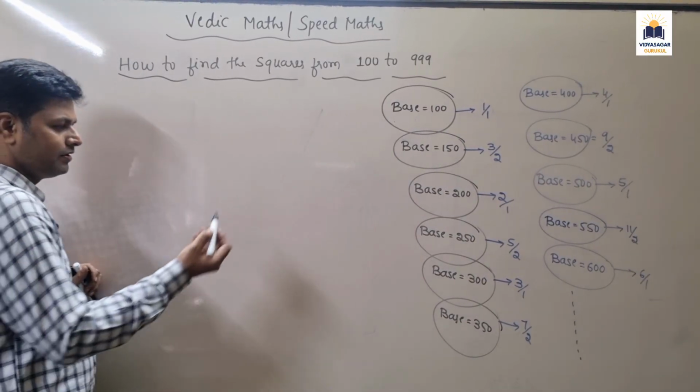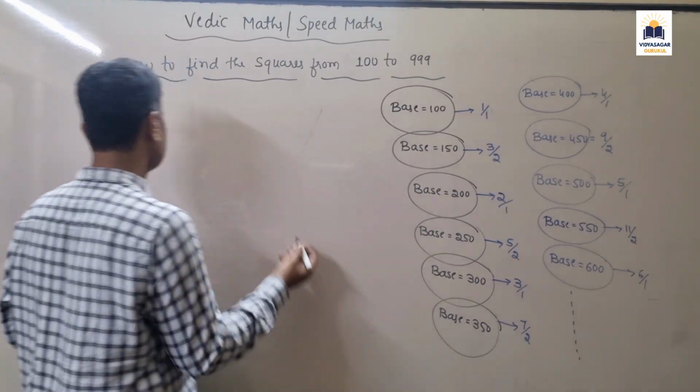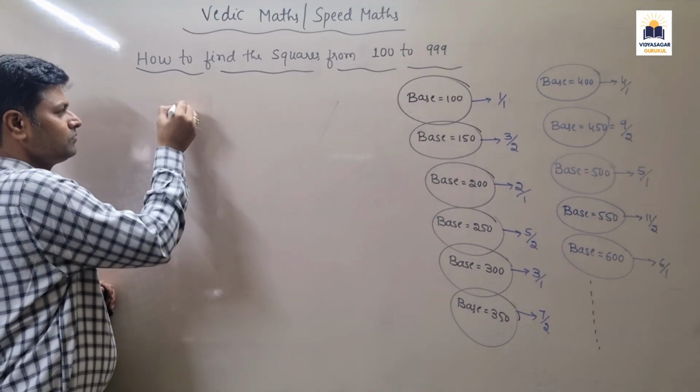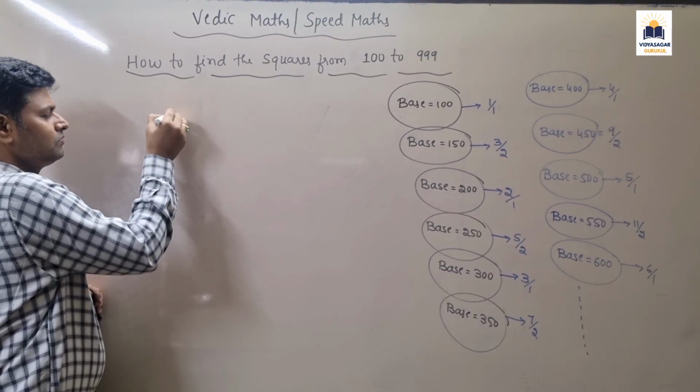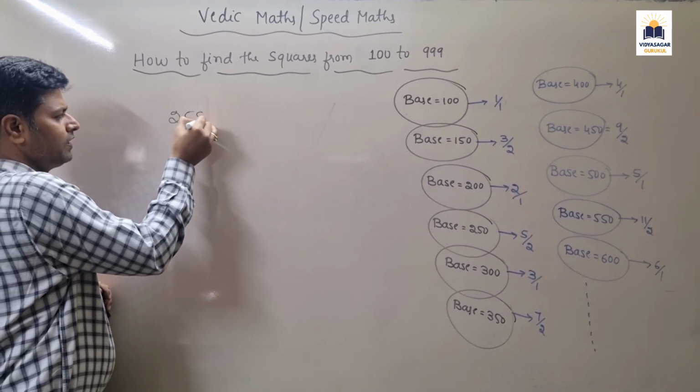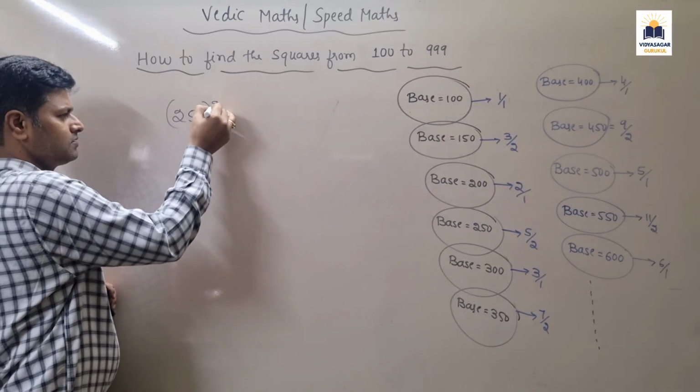If I am talking about the nearest base 250, can I take the example of 258 square? Yes.